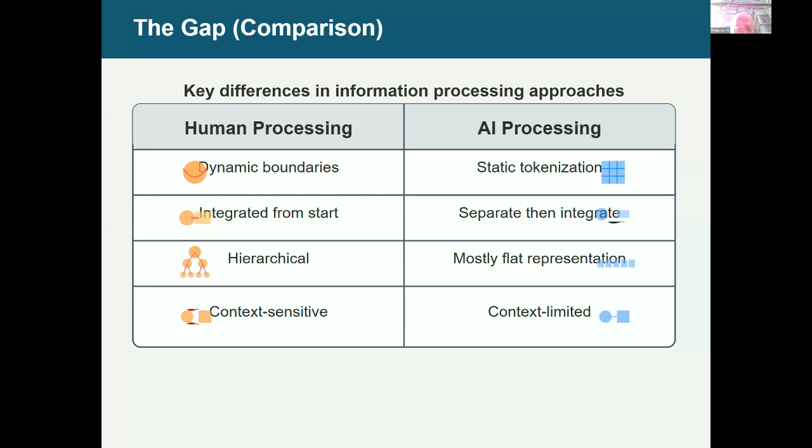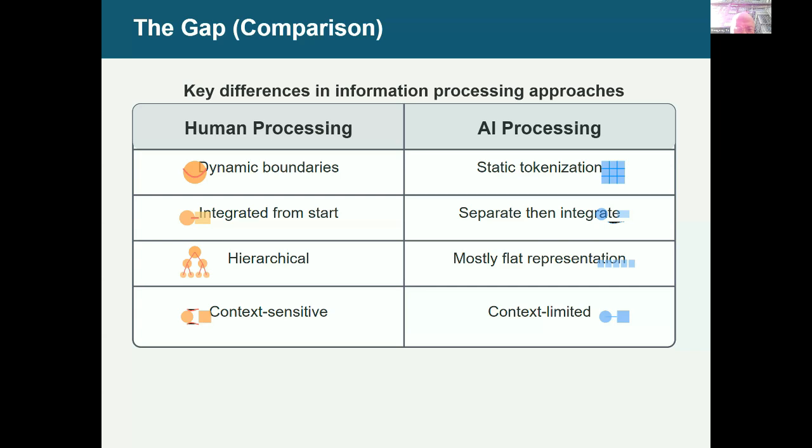Third, humans organize information hierarchically from broad senses down to specific details, while AI representations tend to be flatter.